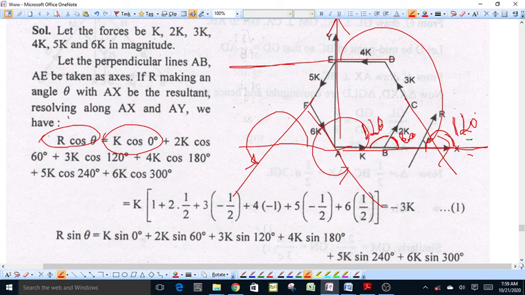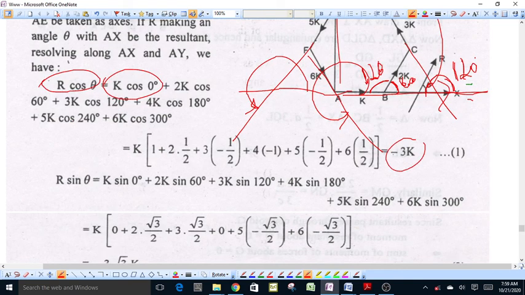Therefore R cos theta, by putting all these values of cos 60, cos 120, cos 180 and so on, will be equal to k common, 1 plus 2 into half plus 3 into minus half plus 4 into minus 1 plus 5 into minus half plus 6 into half. By solving, this comes out to be minus 3k.